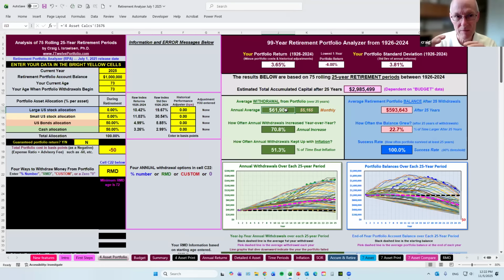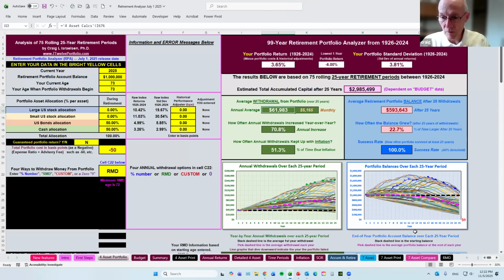Okay, and that's useful, but averages are tricky because they mute the variation involved. And so in just a minute, we're going to look at the variation of the withdrawals each year for each individual.